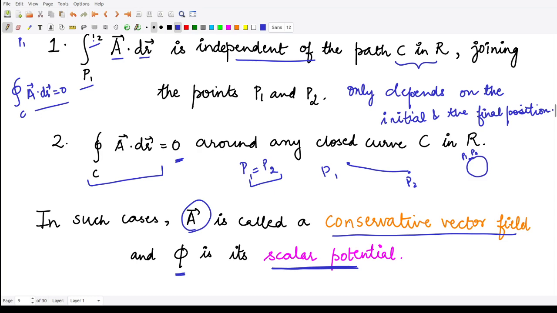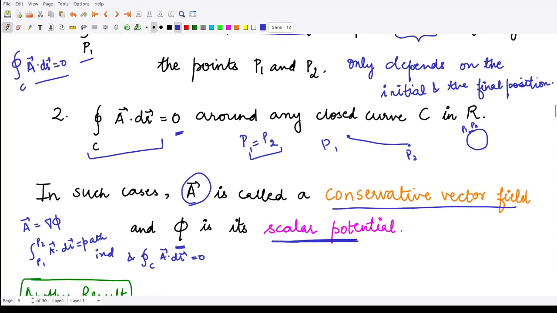So in short, if you have the vector A, which is defined to be the gradient of scalar phi, in that case the integration from the point P1 to P2 of A dot dr is path independent, right? And moreover the integration over the closed curve of this quantity is equal to 0. If this happens, this vector A is the conservative vector field and phi is the scalar potential.